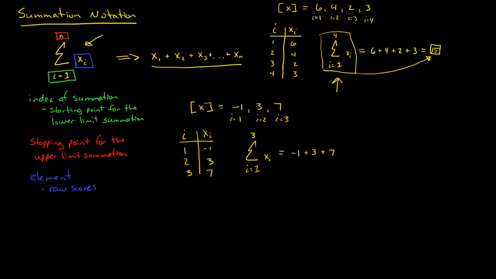So -1 plus 3 is +2. +2 plus 7 equals 9. So the solution for this expression is 9.